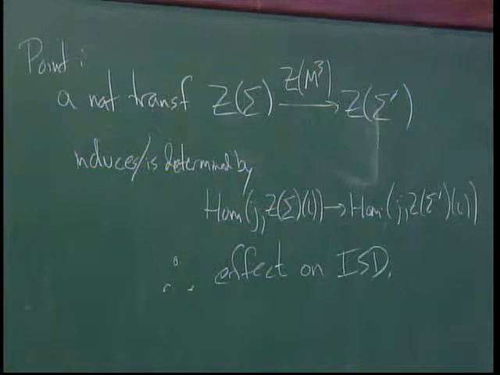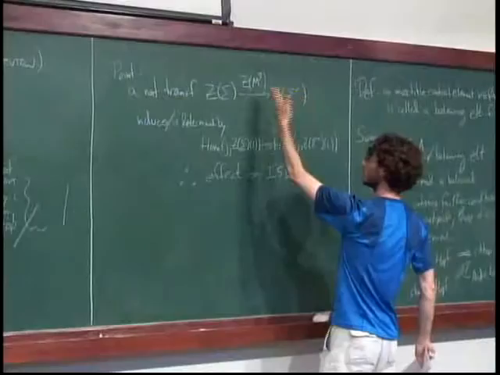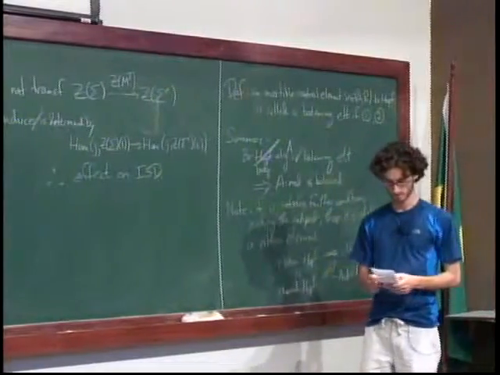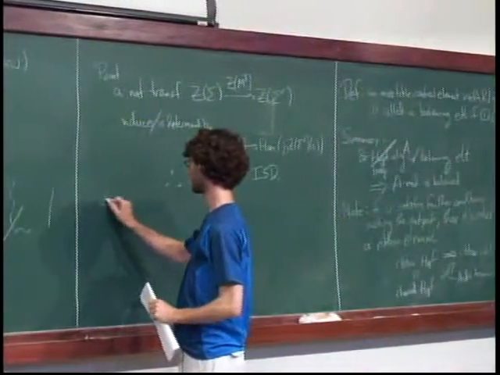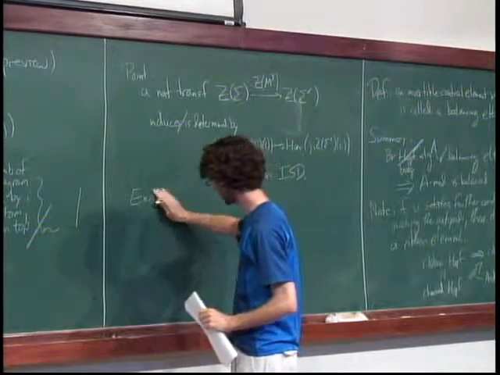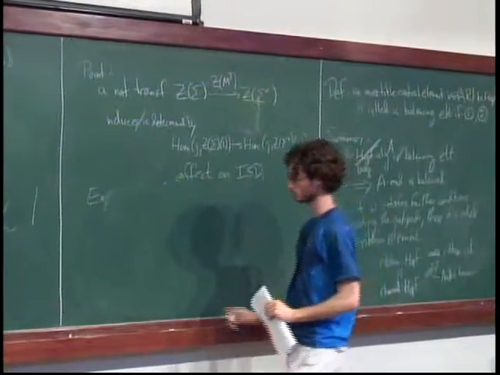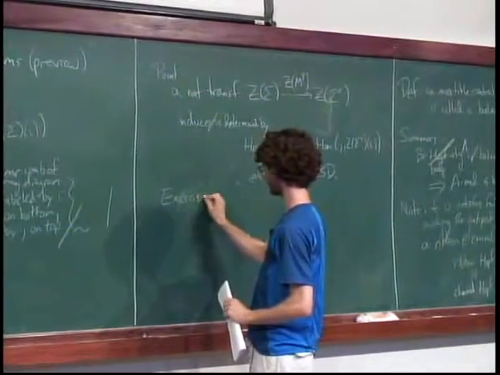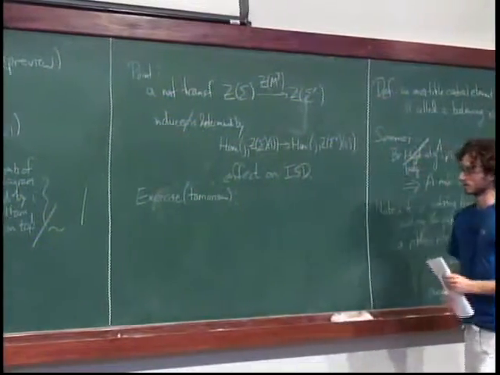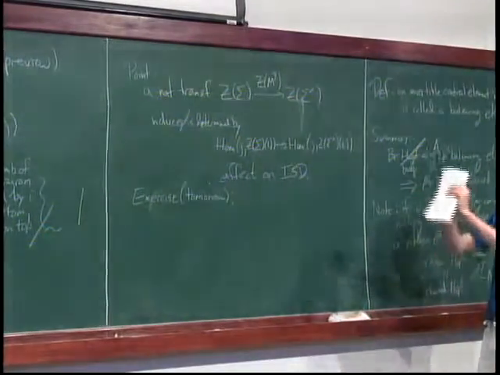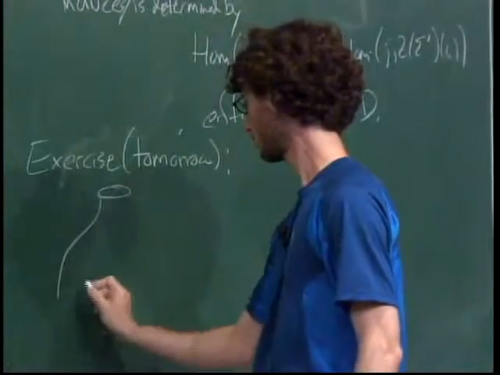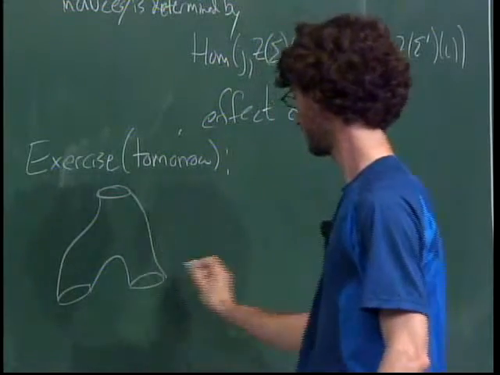And so now, in order to tell you how a three-manifold behaves in this field theory, all I need to do is tell you what it does to string diagrams. Let me give you some examples of that. Oh, well, I'm going to do this doubly unfortunate thing, and call this an exercise for tomorrow, which is to say that there's no way you should be able to do it now, but after I do this again in more detail tomorrow, then it'll be an exercise, which is to compute what the braiding is.